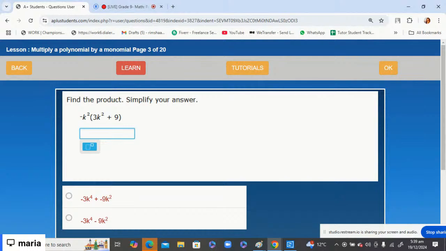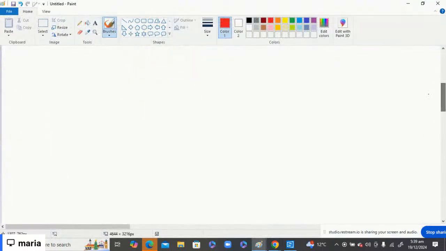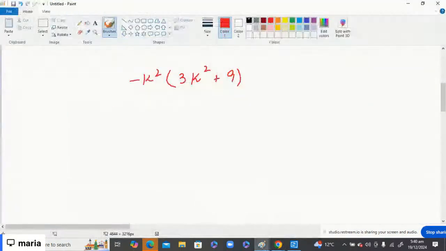Now minus k square into 3k square plus 9. Is it plus 9? Minus k square with the 3k square. What's the answer? Minus 3 as it is.